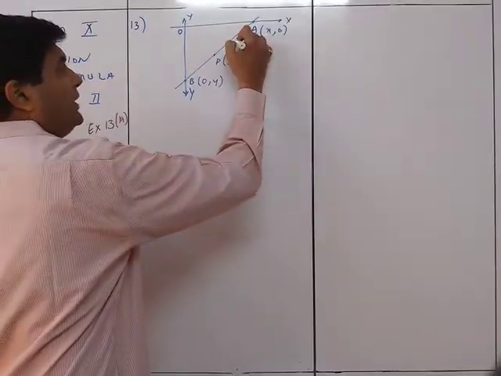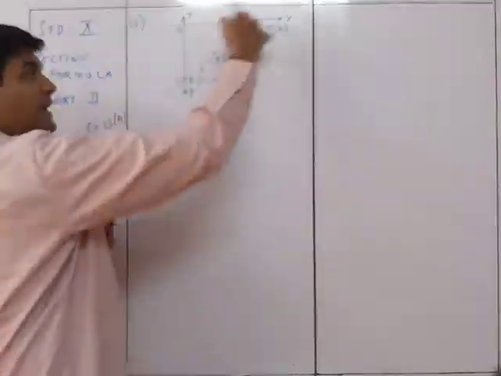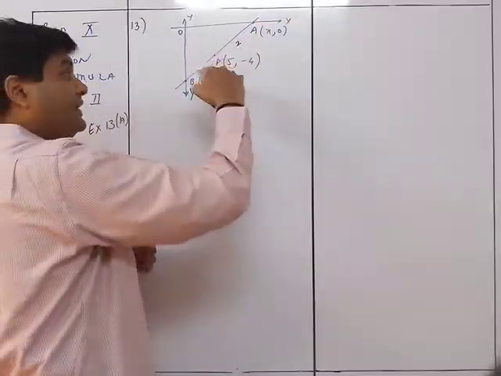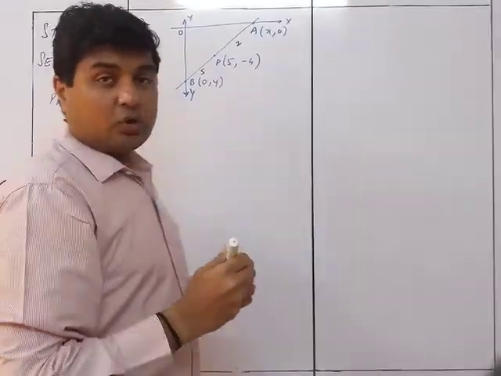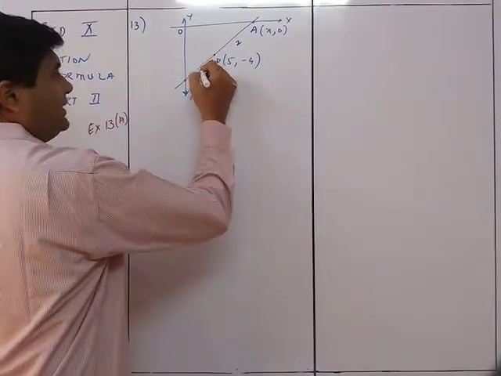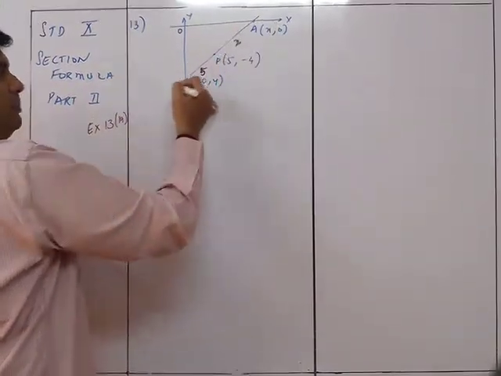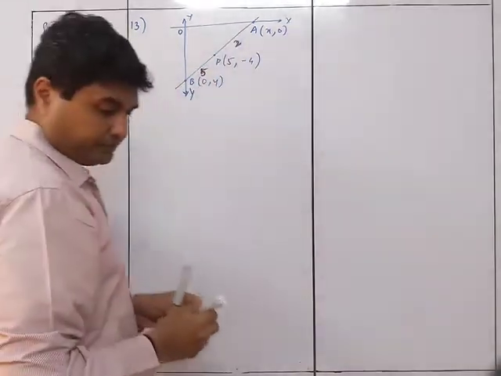Why? Because AB is being divided, not BA. If it were given that BA is divided, then this would be 5 and this would be 2. So you have to be very cautious while seeing this. So here it is 5 over here and 2 over here, because AB is divided in the ratio 2:5.